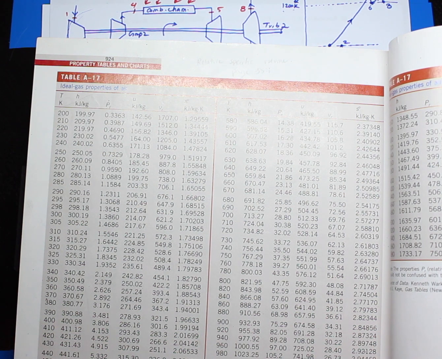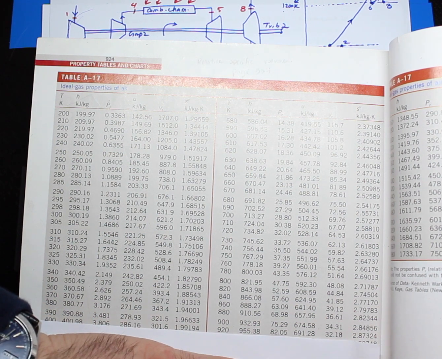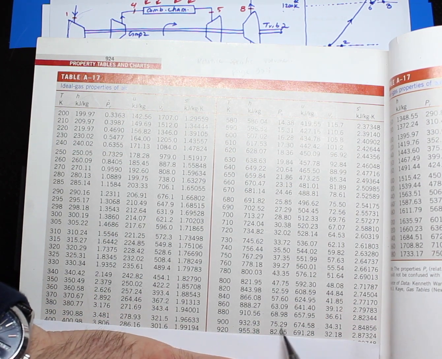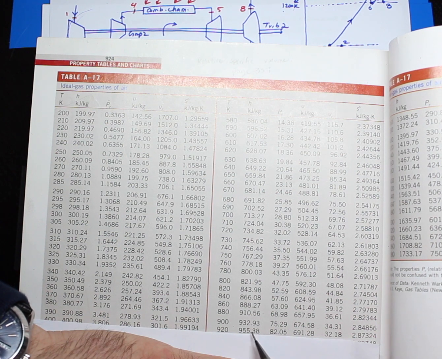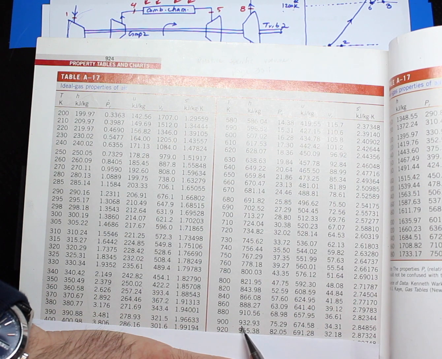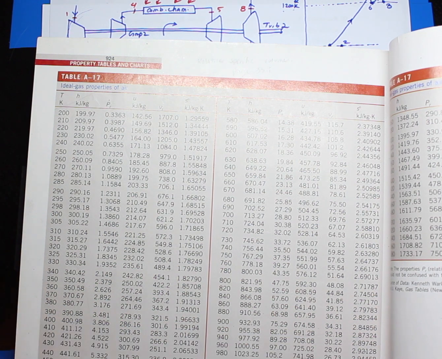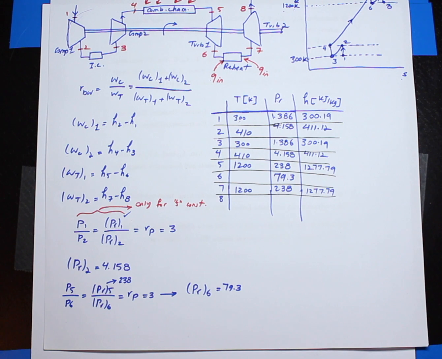So you want to do some interpolation between these two PR values to find your H value. By doing the interpolation, I should expect to have an H value greater than 932 and less than 955.